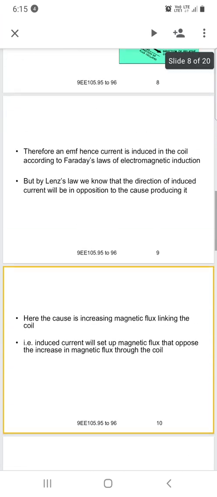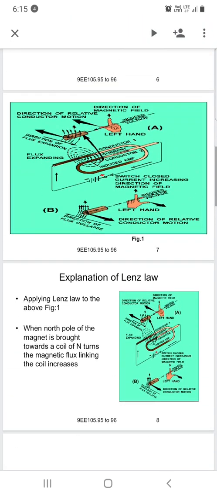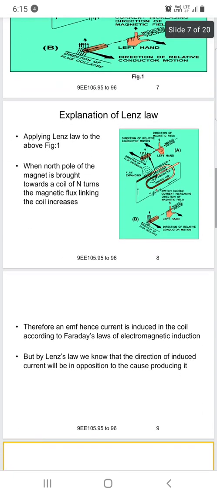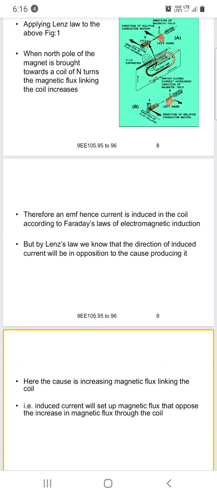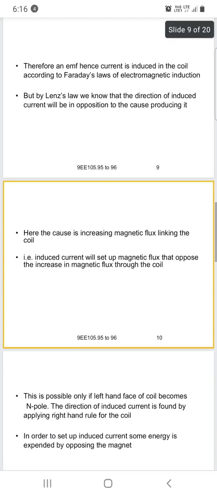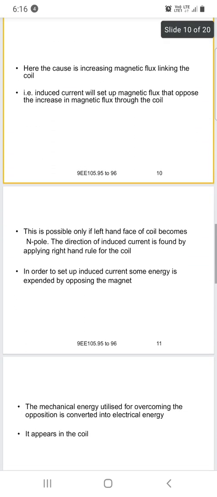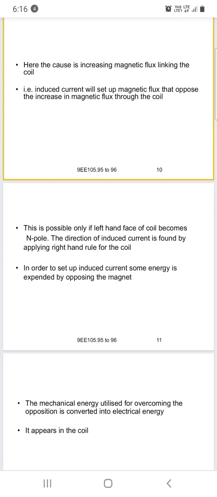So that means the induced EMF produced in the coil is opposed to the source current. That is called Lenz law. This is possible only if the left hand face of the coil becomes a north pole, and the direction of induced current is found by applying the right hand rule for the coil.